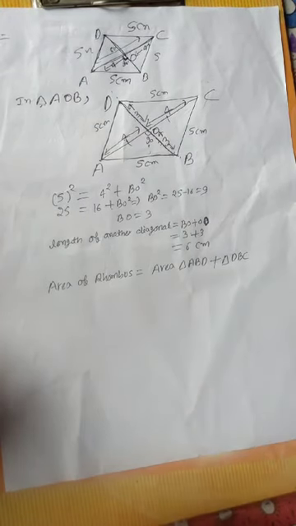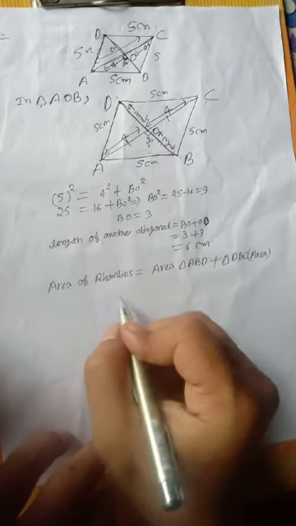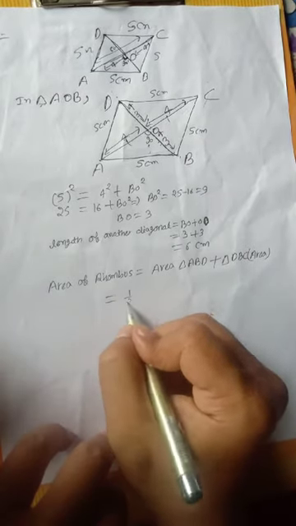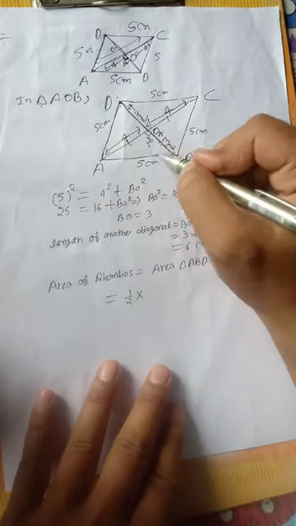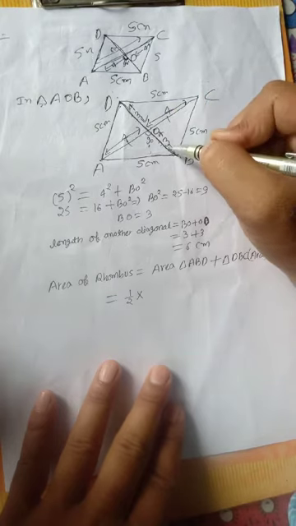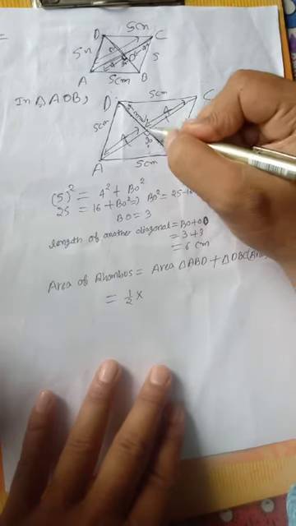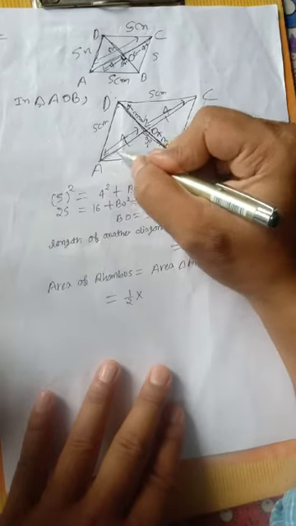Now we know that the area of a triangle is 1/2 base into perpendicular height. In that triangle the base is 4 plus 4, 3 plus 3, that is 6. Base equals 6 and perpendicular height is 4.